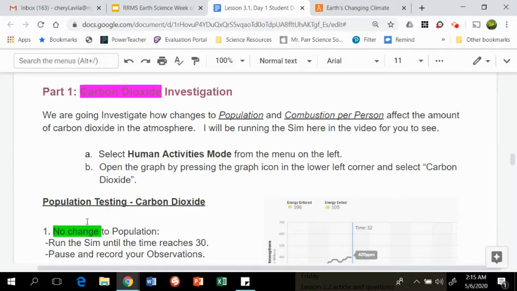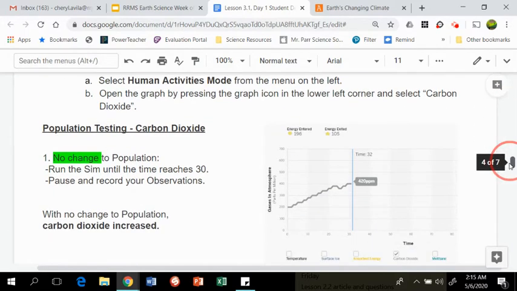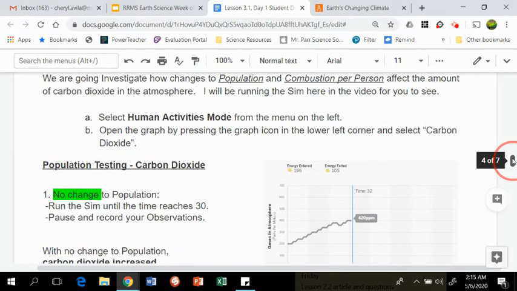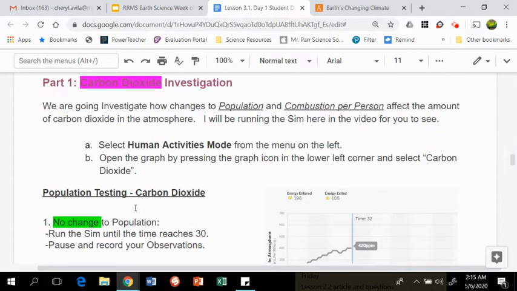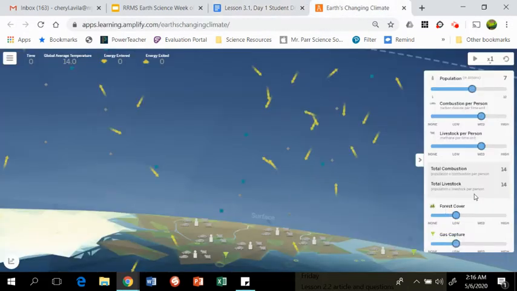So I'm going to run this with no change for the first 30 seconds. I'm going to speed it up to 4 times the normal speed so that I'm not wasting time. So we're going to let it run until the time reaches 30. And then we're going to pause and record our observations.